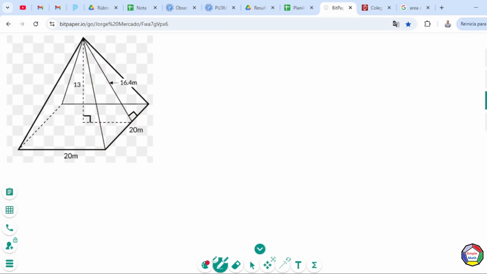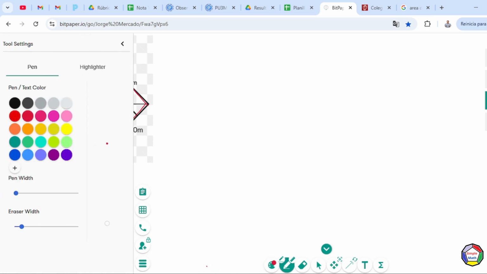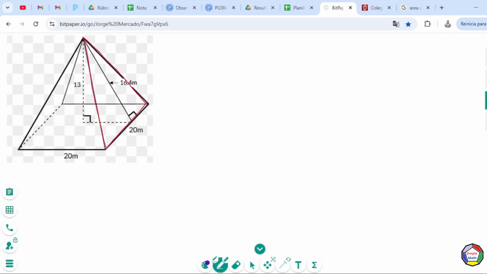So let's think about this. What happens if I get the area of this triangle and I multiply that times 4? We will get the area of 4 triangles. Remember, this pyramid has 4 triangles. So if I calculate the area of that triangle and multiply times 4, and then I add the area of this square, I will get the surface area.